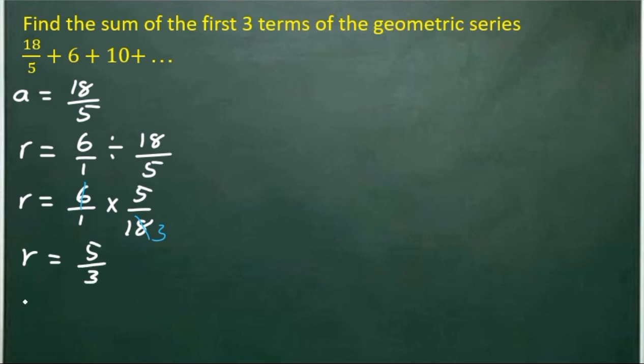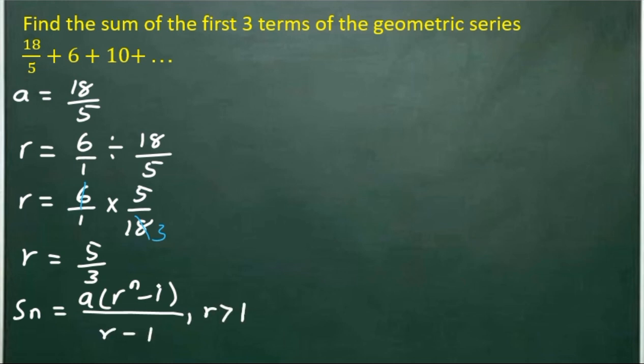And the Sn of this series will be equal to a into bracket r to the exponent of n minus 1, all divided by r minus 1. In this case, r is greater than 1. Alright, now let's find the sum of the first three terms of the series.